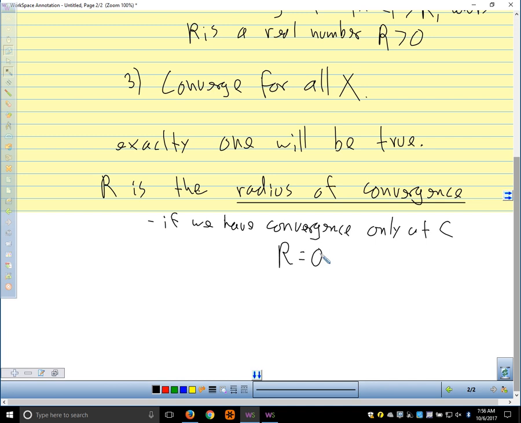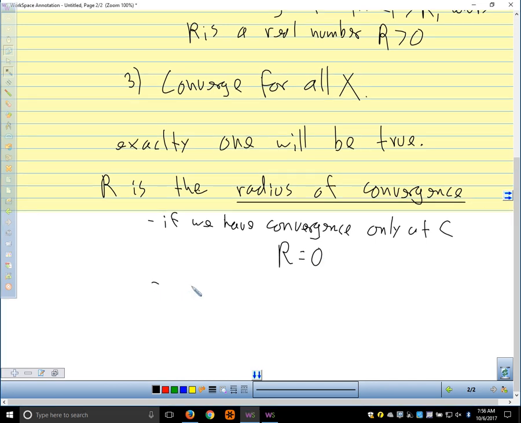And if we converge for all x, we say the radius is infinite. So we have an infinite radius of convergence.